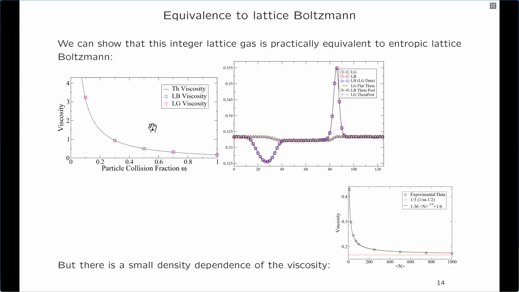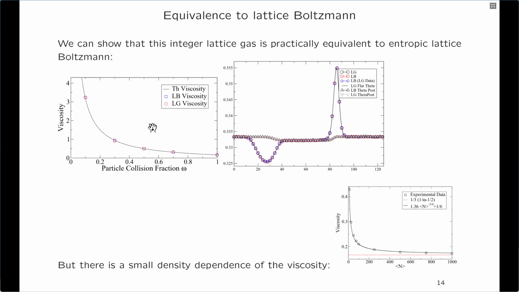If you look at the viscosity values, there's lattice Boltzmann and lattice gas, and they look like there's one symbol because they're right on top of each other. Turns out there is a small dependence on the density, which, a lattice gas is not lattice Boltzmann. It has some additional features. For instance, if you have no particle, we have on average 1 particle or less per cell, it can't collide.